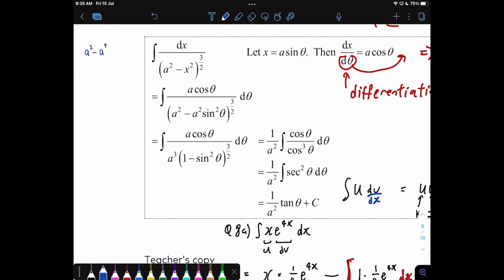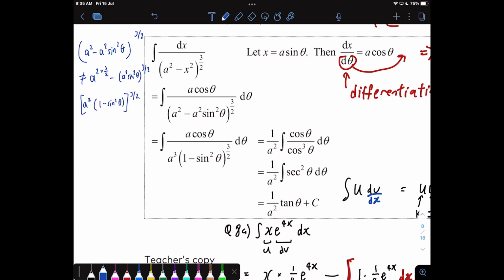So a square minus a square sine square theta, bracket to the power 3 over 2. It is not equal to a square to the power 3 over 2 minus a square sine square to the power 3 over 2. You agree, right? A minus b to a power is not just a to a power minus b to a power. Instead, what you need to do is to factor out the a square first. So you get a square times 1 minus sine square theta, and then this whole thing is raised to the power of 3 over 2.